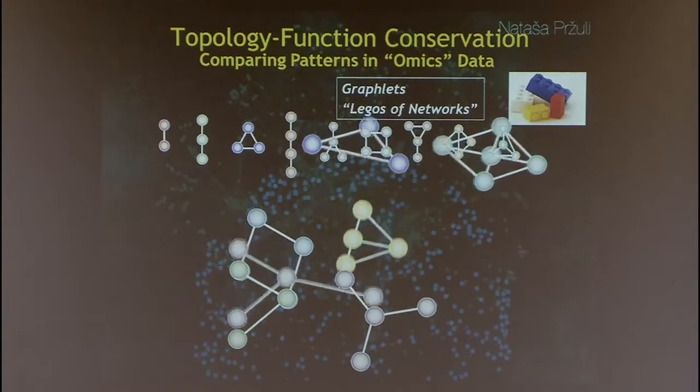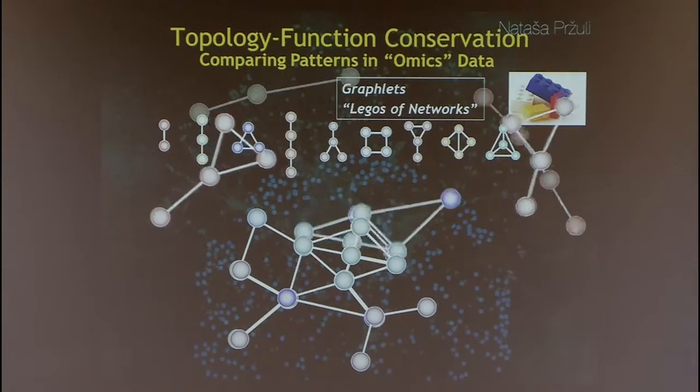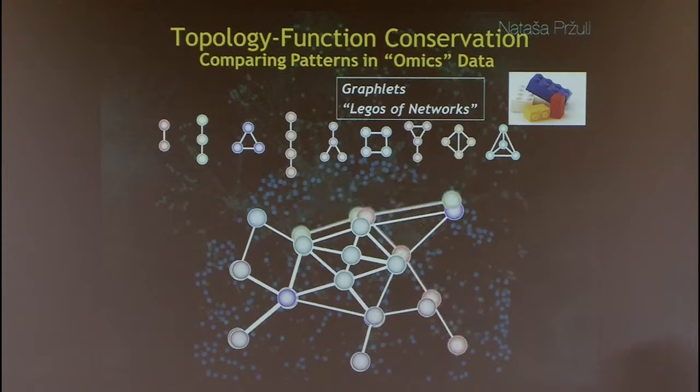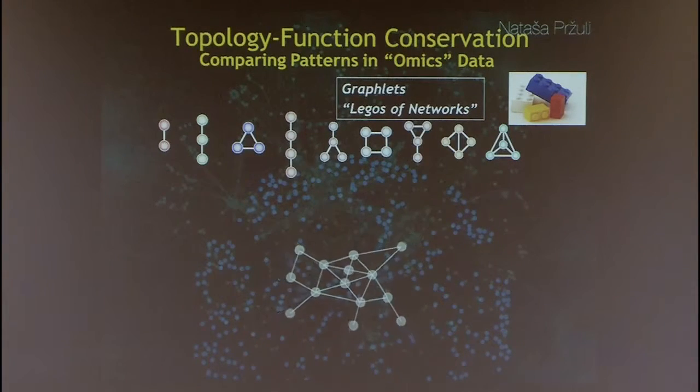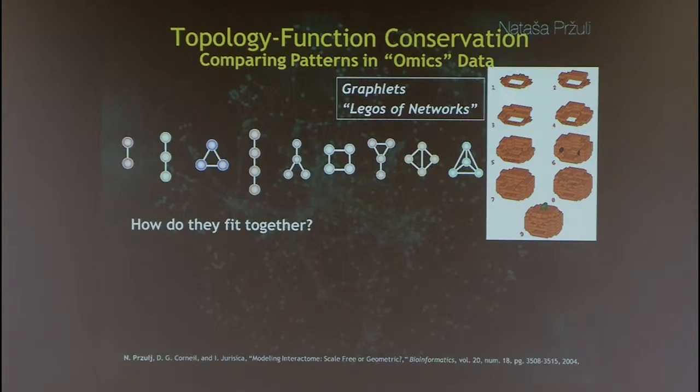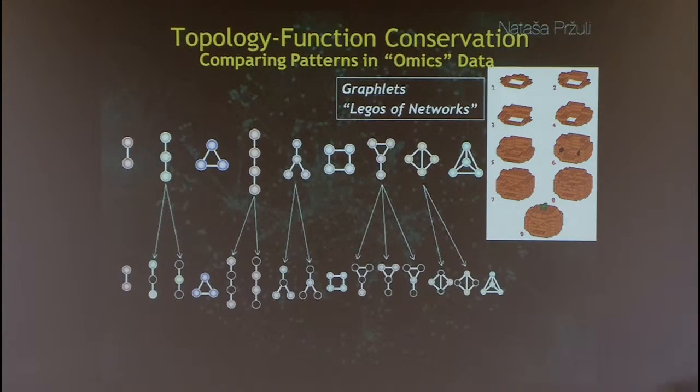The idea was that these are Legos, building blocks of these networks, and we figured out that they are linked to each other via symmetry groups in them, or automorphism orbits. The way they come together would tell us whether these Legos make up a pumpkin or an airplane or whatever that is.